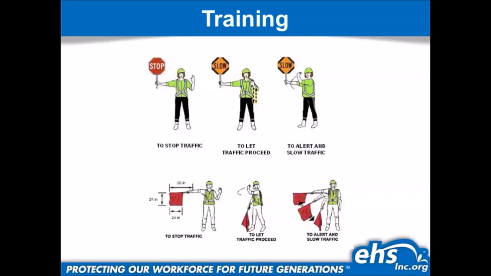Now, if you guys notice here, and this is done intentionally, okay? If you've done a class before, you'll see that 2 of these signs on this slide are switched. If you haven't caught it by now, the ones that are not correct would be to let traffic proceed and to alert and slow traffic. Those 2 hand signals should be swapped.